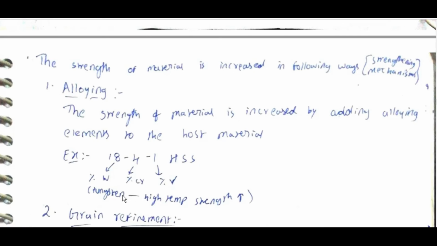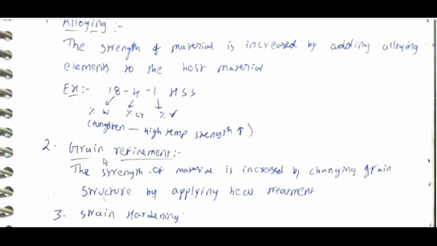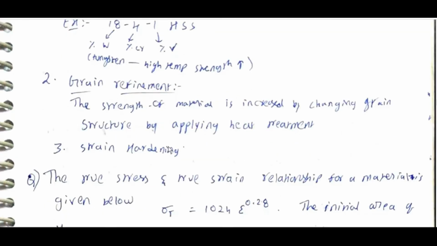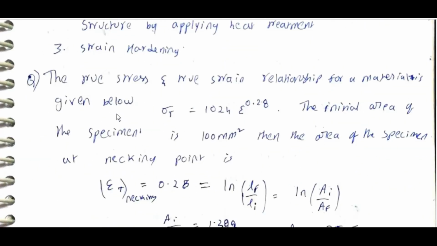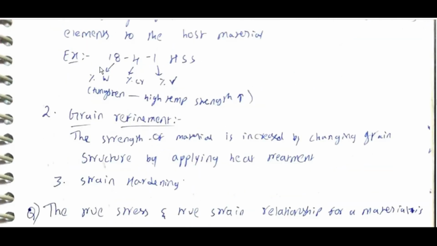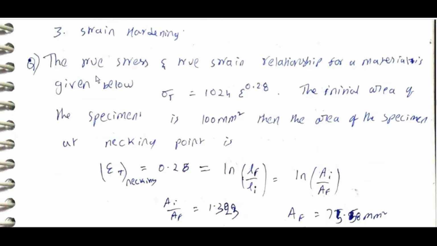Tungsten gives high temperature strength: 18% tungsten, 4% chromium, 1% vanadium. Second, grain refinement. The strength of a material is increased by changing the grain structure by applying heat treatment. Third, strain hardening. So for strengthening: alloying, grain refinement, strain hardening.